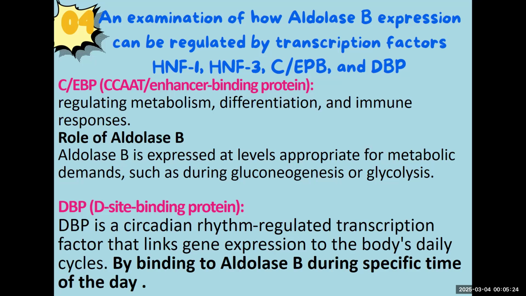For C/EBPB transcription factor and D-site binding protein, aldolase B is very important in regulating metabolism, differentiation, and the immune system.